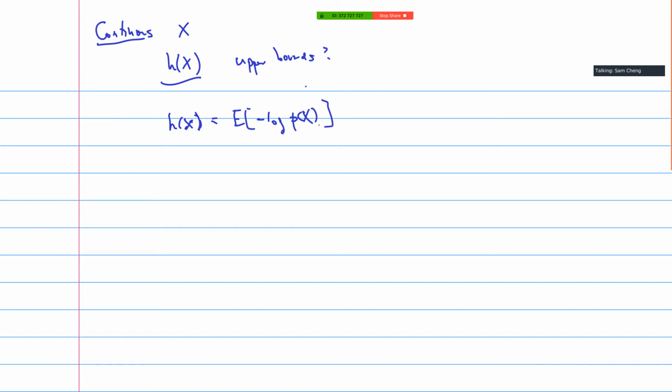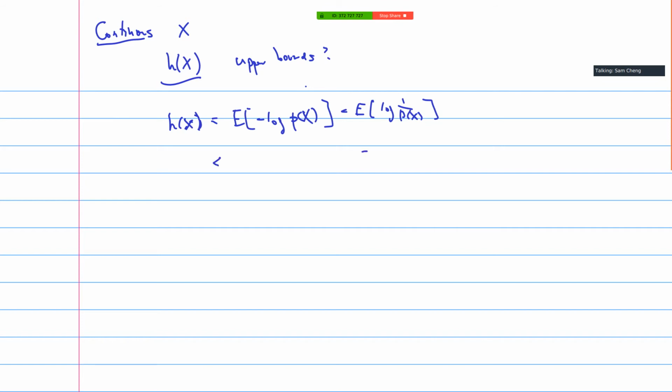This actually holds for both differential entropy and the original entropy. I can go through the same steps and write this as the expectation of log 1 over p(x).